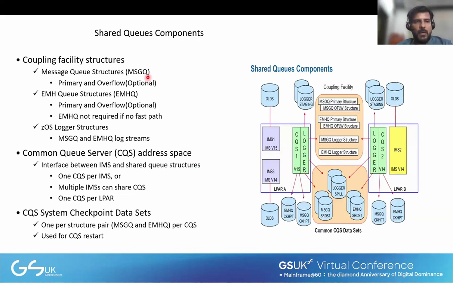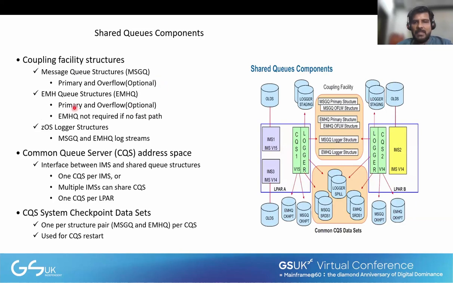So now we will see what components are required to implement shared queues. First, we need to define list structures in the coupling facility. For full function messages, we define a message queue primary structure and an overflow structure. Defining the overflow structure is optional.